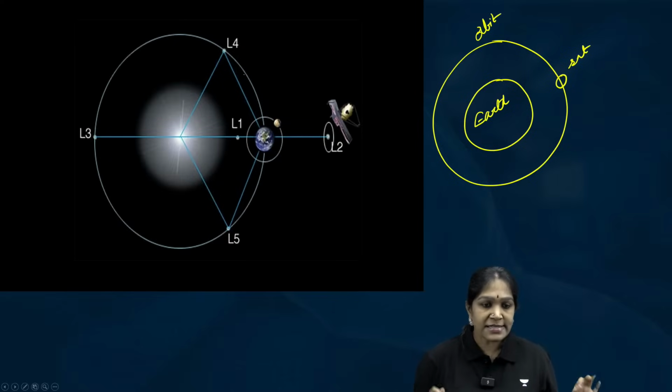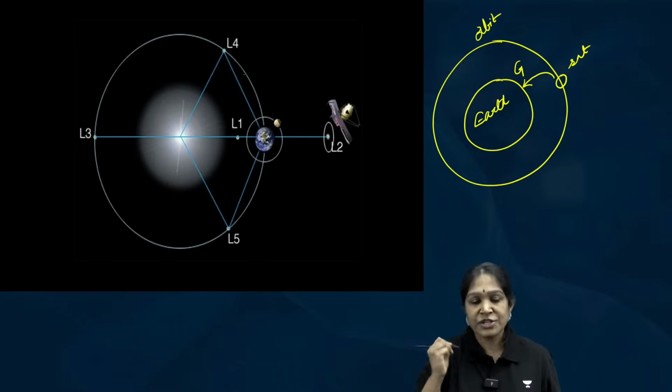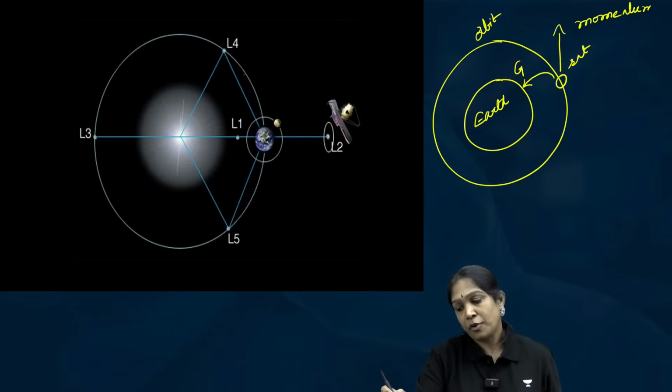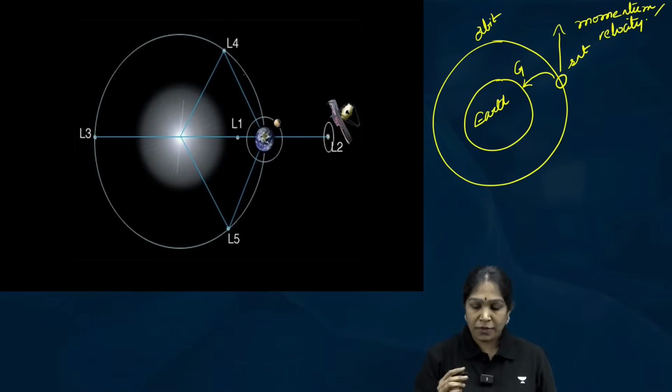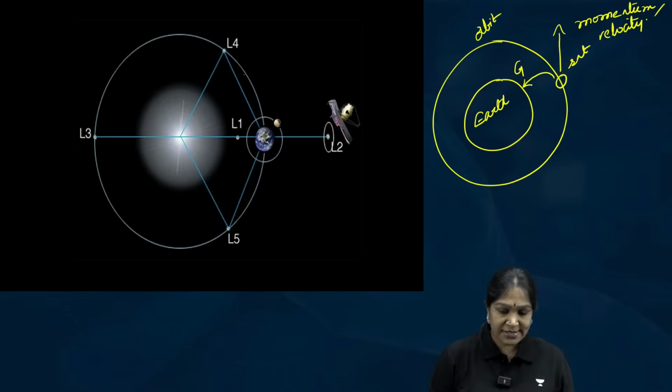This satellite is subjected to two forces. One is the gravitational force towards the Earth and the other one is the momentum or velocity of the satellite. Answer these questions.